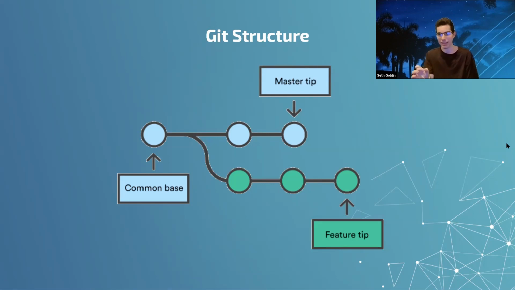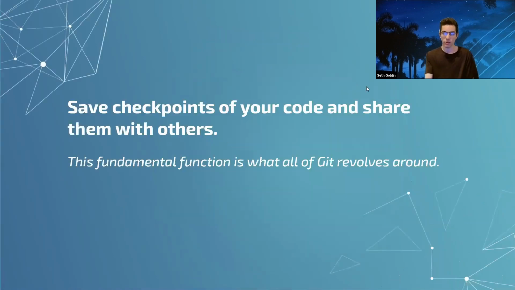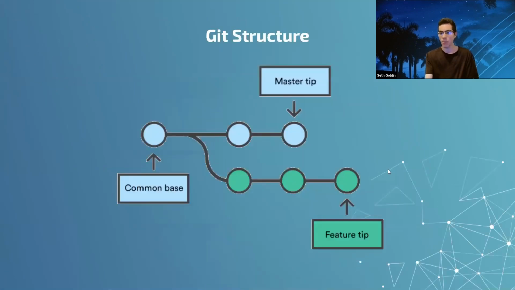And each of these dots is a single checkpoint on that history. You can consider it a save, a version of your code. And then this little spot that sticks out here is a branch, which we'll discuss more in detail later. But the main thing to take away from this is that GitHub and Git in general use structures that look like trees.